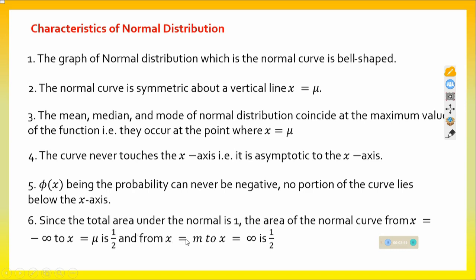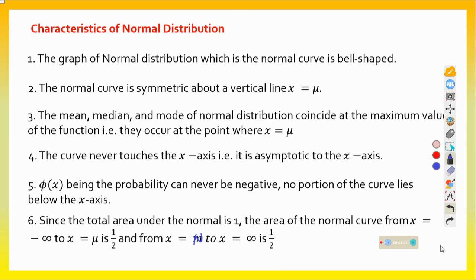And from x equal to mu to x equal to positive infinity is also a half, meaning it is divided into two portions. From mu to negative infinity is 0.5, from mu to positive infinity is also a half.